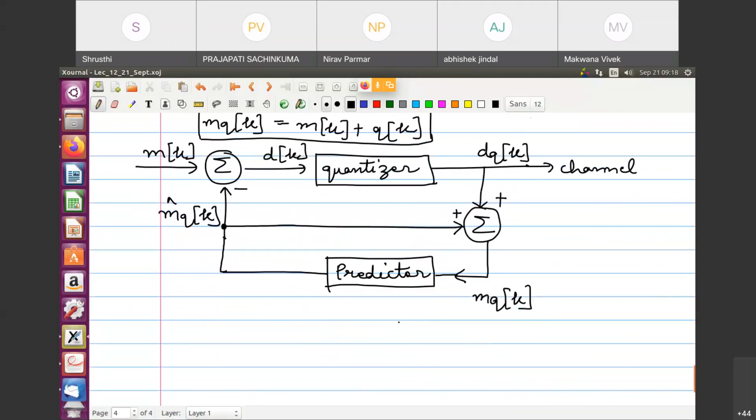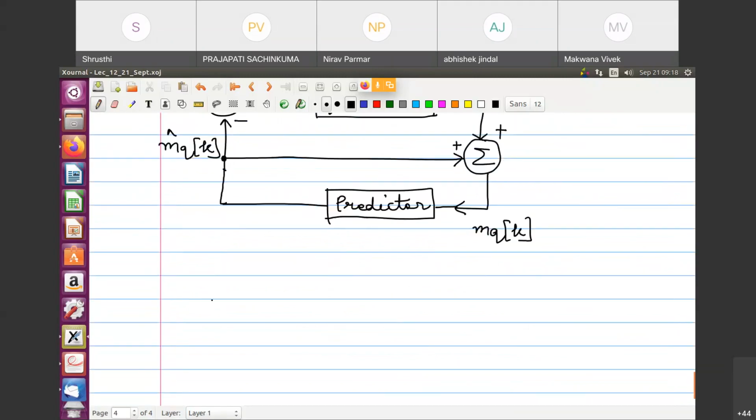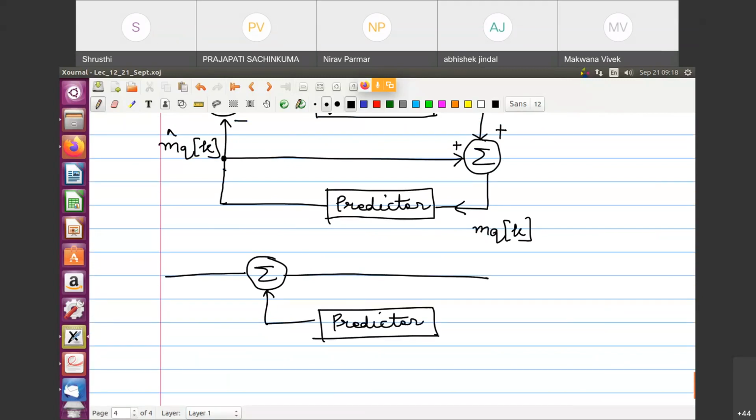Okay. Let us see the receiver. The receiver is simple. Now you will see that because of the receiver we had to do all this hack. That hack, I am saying, because this is an engineering hack, is a way to make the system more efficient and good. So this is a predictor. Okay, the same predictor you will be using at the receiver. Okay, this is this, and this is your input.